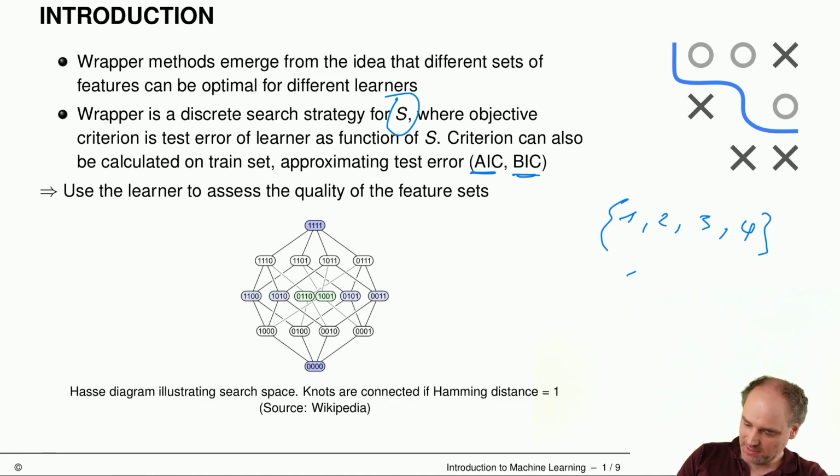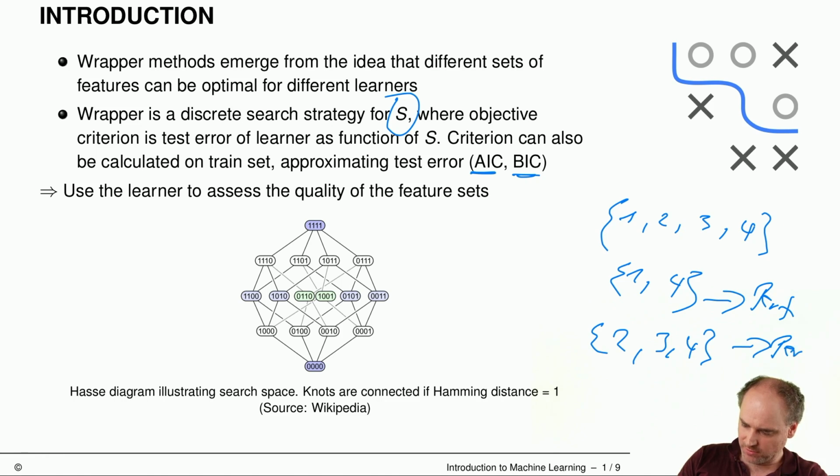For example, maybe I'm using just features 1 and 4, and that would be a subset, and that would give rise to a certain performance value. And I can take a look at maybe this set here, and that would give rise to a different performance value. And this would be a way of representing my feature subsets.